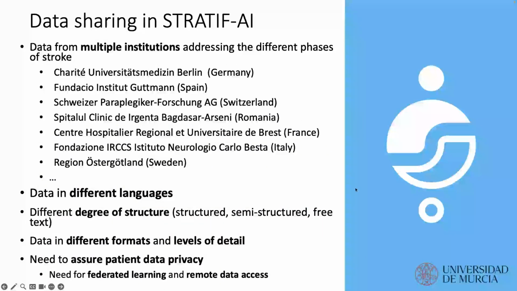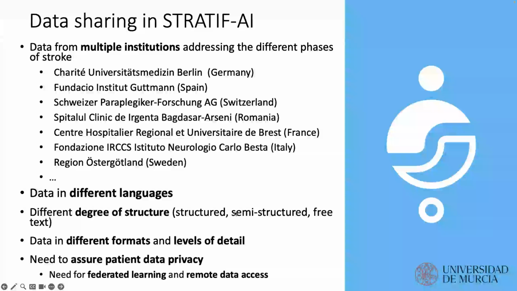But this data comes from multiple institutions addressing the different phases of a stroke. They come from Germany, Spain, Switzerland, Romania, France, Italy, and they are really heterogeneous. Heterogeneous in many senses. They are provided in different languages, with different degrees of structure, with different formats and different levels of detail.